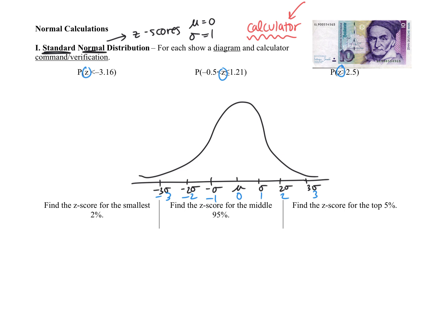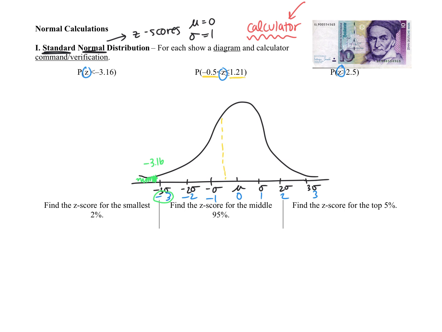Okay, so this first problem is asking us for the probability that z is less than -3.16. So here's our -3, so -3.16 is about here. This is what we're looking for, a very, very small probability. The second one is asking us for the probability of being between -0.5 and 1.21.